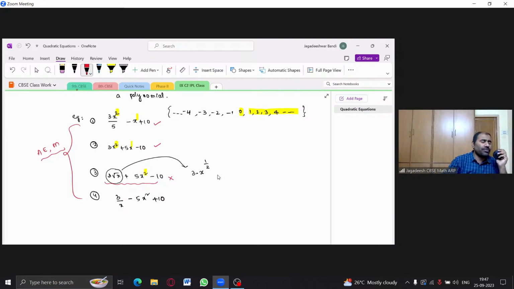And coming to the fourth one, even here we have 3 by x. If you remember from powers and exponents in 7th grade, we learned one formula, a power minus m equal to 1 by a power m. So this 3 by x can be written as 3 into x power minus 1 according to this formula.